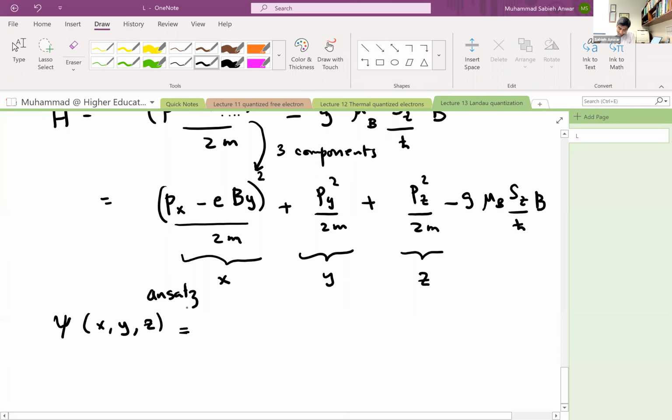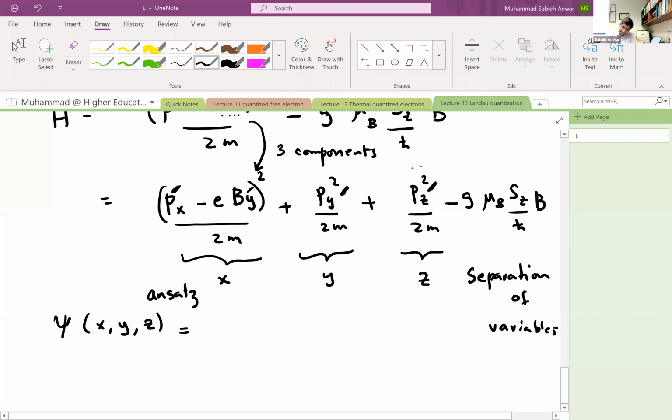There's a px here, and there is a py here, and there's a pz, but there is also a y term here. So I could write my trial solution by breaking it up into the x part, the y part, and the z part. This is what you generally do when you would like to do a solution by separation of variables.